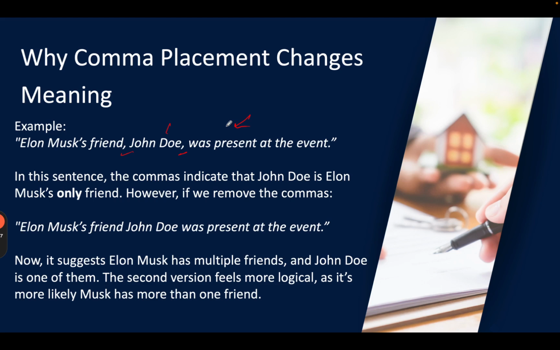But logically, an individual can't have just one friend, right? Like no other person that he can call a friend. If I want to show that this person, John Doe, is Musk's only friend, then this is correctly placed. If I want to show that no, he's not the only friend, then I will remove the commas. It means that he's just one of his multiple friends.